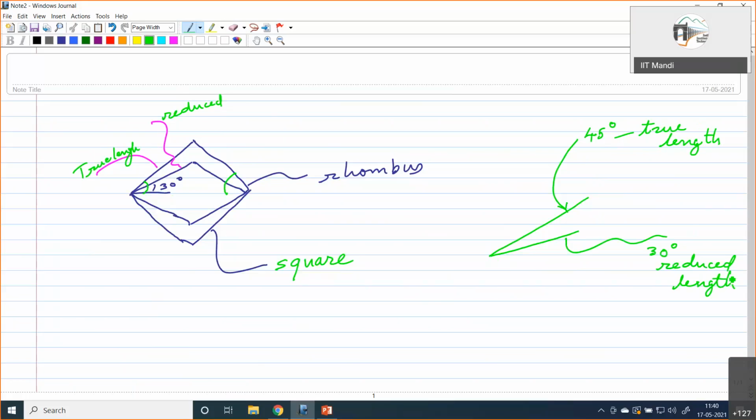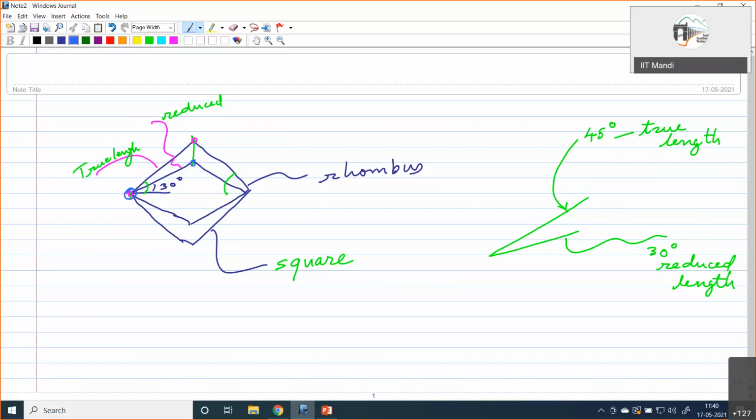And how is the reduction occurring? You can see here. If I join this from here, then it starts from here for true length. Let me change it. And here for true length beginning from here. While for the reduced length, again it is beginning from here only, but it is ending here.